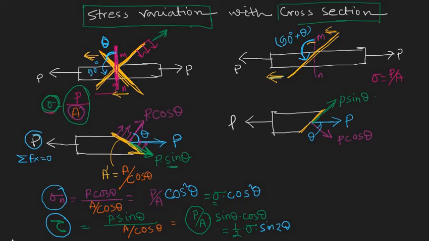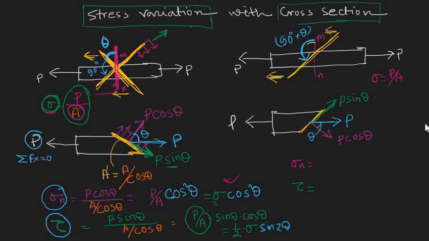Now you can easily calculate sigma n as per this formula, as well as tau n, by simply putting the cross-sectional area underneath these forces. But here I will manage it in another way.